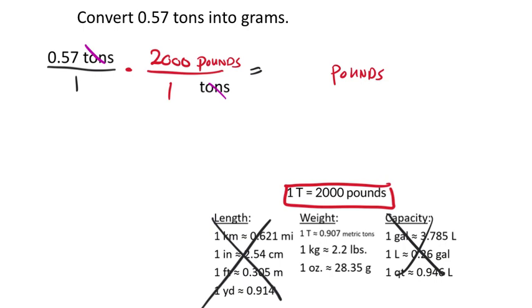In the denominator, you've got 1 times 1, which is 1. I don't really need that 1. But I do want 57 hundredths times 2,000, which on my calculator gave me 1,140 pounds. So I now know how many pounds 57 hundredths tons is.